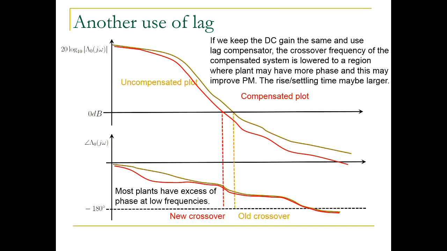The way you design it, it won't change the compensated gain. So the gain stays the same at low frequencies, but then you move the crossover to the left, and note that the plants typically will have more phase at lower frequencies. And in this way, you indirectly improve the phase margin by moving the crossover from uncompensated to compensated, to the region where there is more excess of phase by the plant.